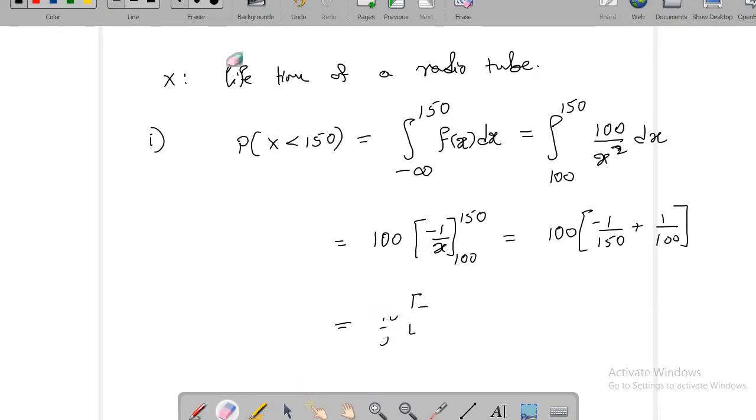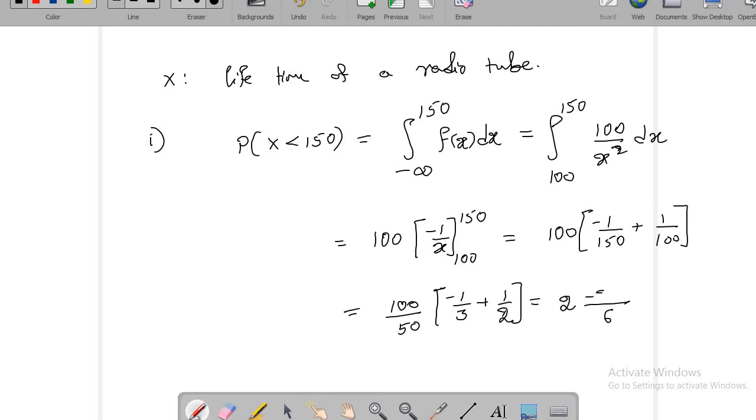So this is how I can do it simply. 100 by, so what I'll do is I'll take 50 out. If I take 50 out, I have negative 1 by 3 plus 1 by 2. Now the LCM is 6, negative 2 plus 3. So this will give you 2 by 6, that is 1 by 3.